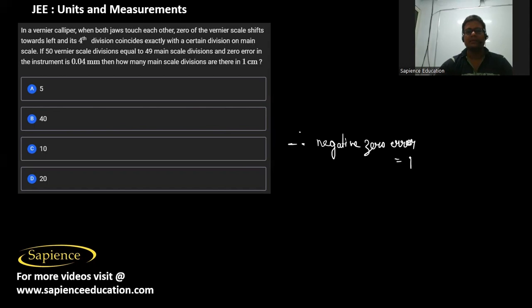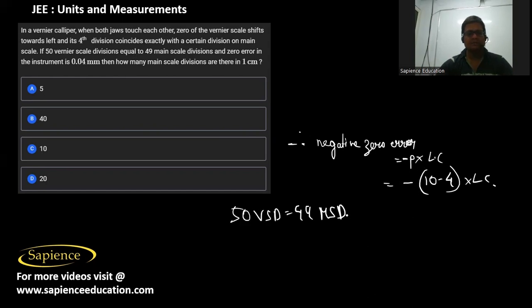That will be equal to P into the least count, where P will be minus of (10 minus 4), since the fourth division coincides with the main scale. Here it is told 50 vernier scale divisions coincide with 49 main scale divisions, and the zero error in the instrument.